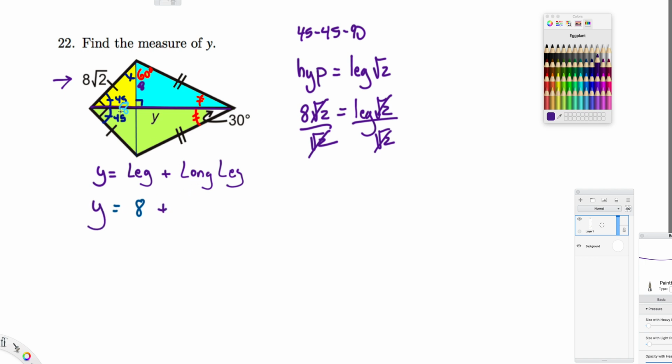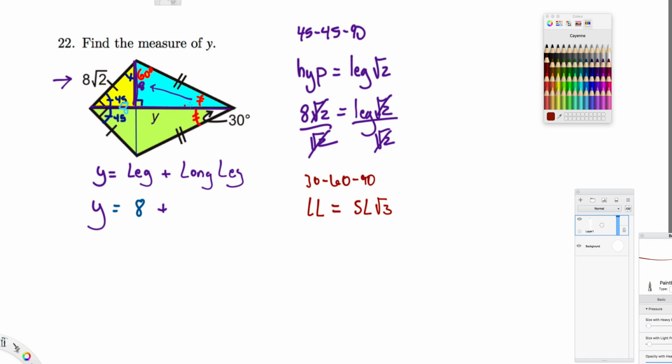Plus, now how do we get the long leg? Well, the leg of this 45-45-90 is the same as the short leg of the 30-60-90. And so we know that long leg equals short leg root 3 for the 30-60-90.